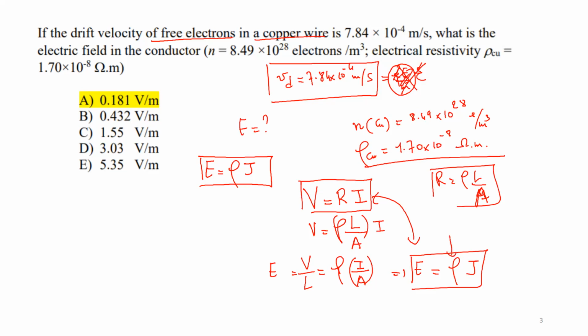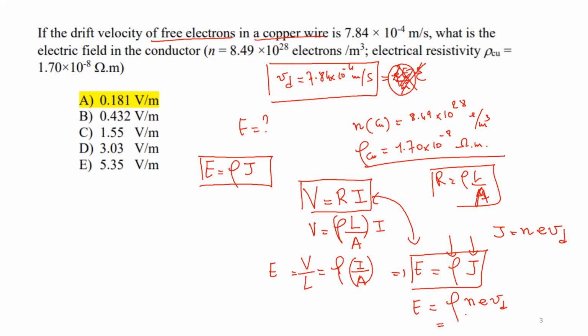I know the resistivity. I can easily find my current density. We know that current density J is N, the number of electrons per meter cubed, the density of free electrons, multiplied by e multiplied by V D. So the electric field that I'm looking for is rho multiplied by N multiplied by e multiplied by V D. I put everything in SI units.